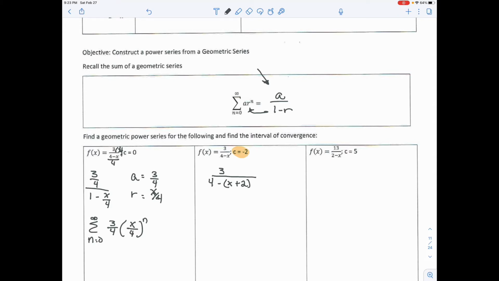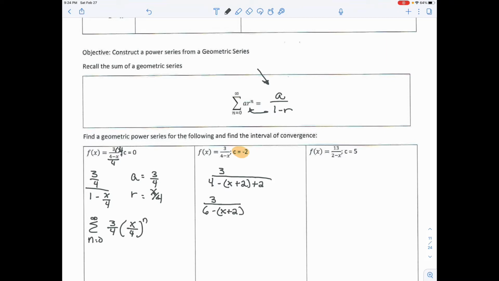Actually, we're subtracting 2 because if we distributed that, that would be minus 2. So I can't just willy-nilly subtract 2 from a function without adding 2 to that function to keep it balanced. So then I could write this as 3 over 4 plus 2 is 6 minus x plus 2.